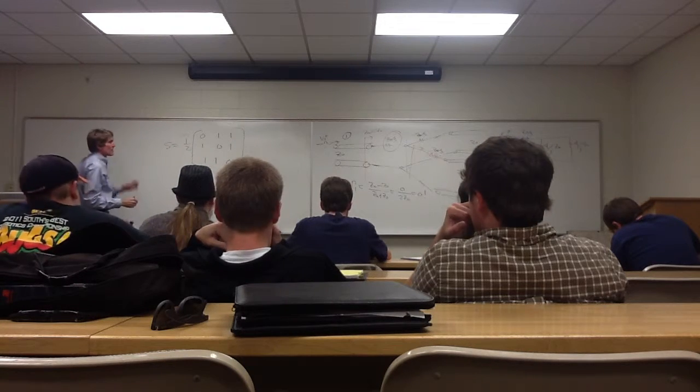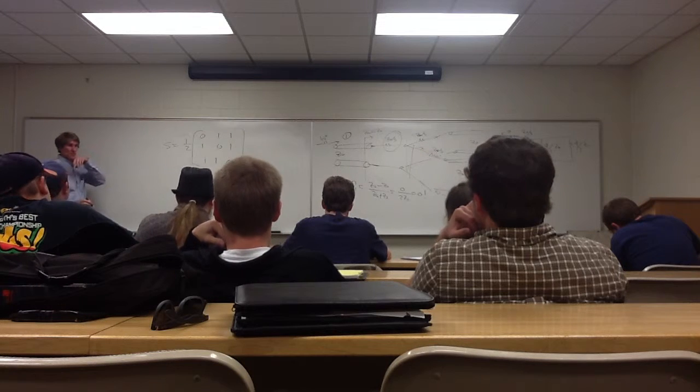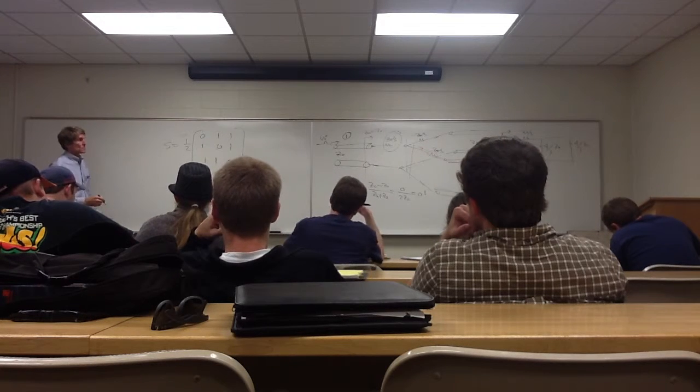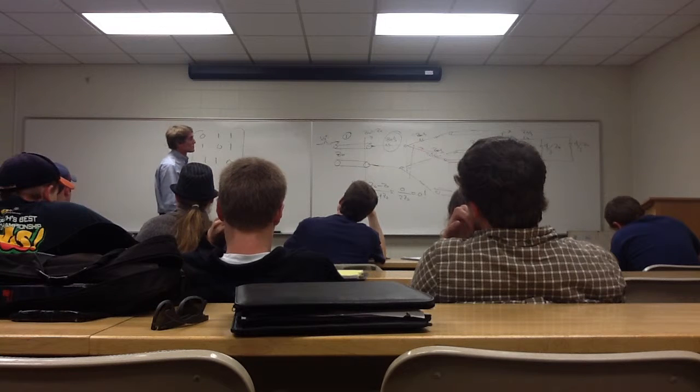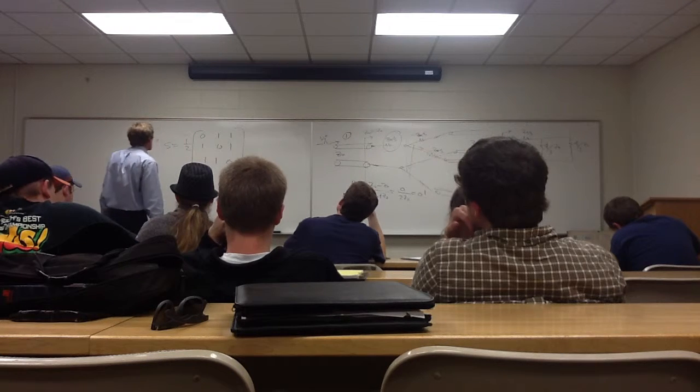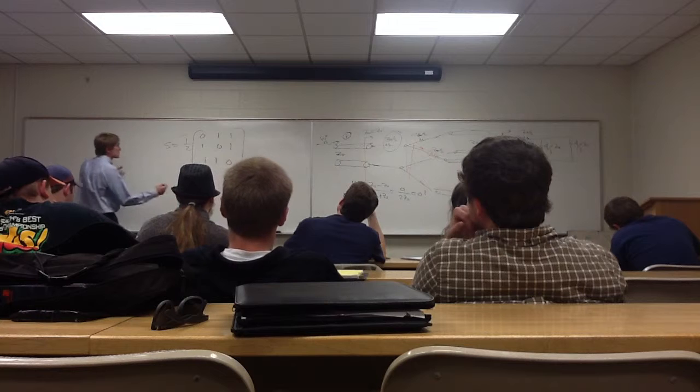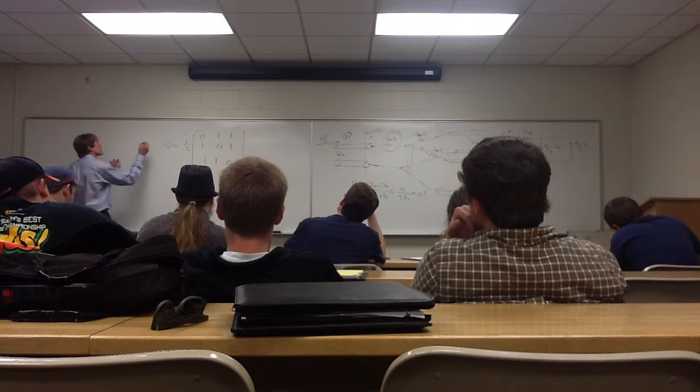That's what the S parameter matrix looks like for this one that I've shown you. Can you get this? This would be the S parameter matrix for the resistor divider.